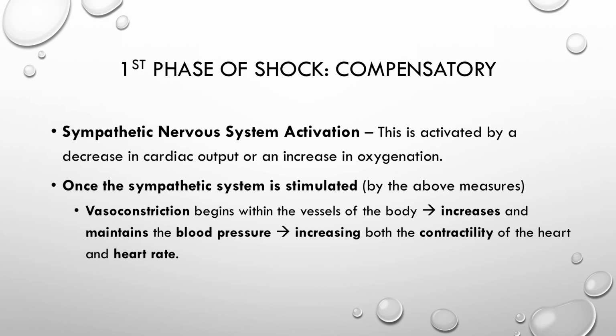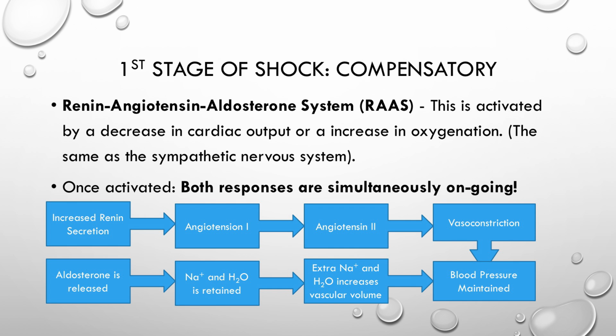Once the sympathetic system is stimulated by above measures, vasoconstriction begins with the vessels of the body. This increases and maintains the blood pressure, which increases both the contractility of the heart and the heart rate. The renin-angiotensin-aldosterone system is also activated by the same measures of the sympathetic nervous response.